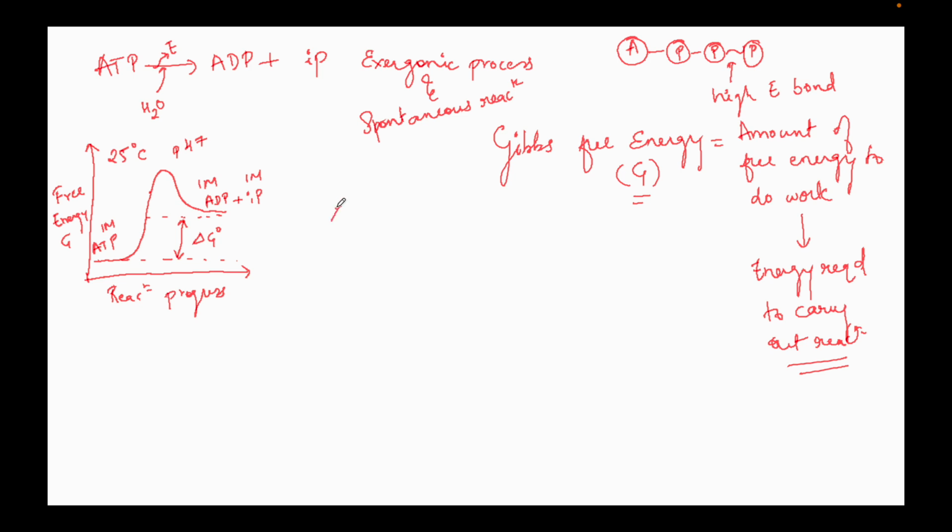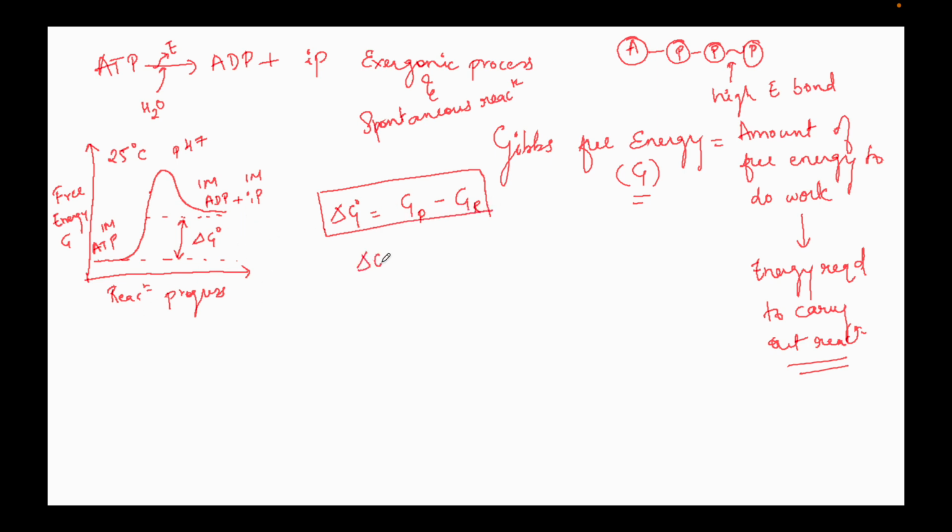Okay, so this delta G is Gibbs free energy of product minus Gibbs free energy of reactants. This is pretty simple.